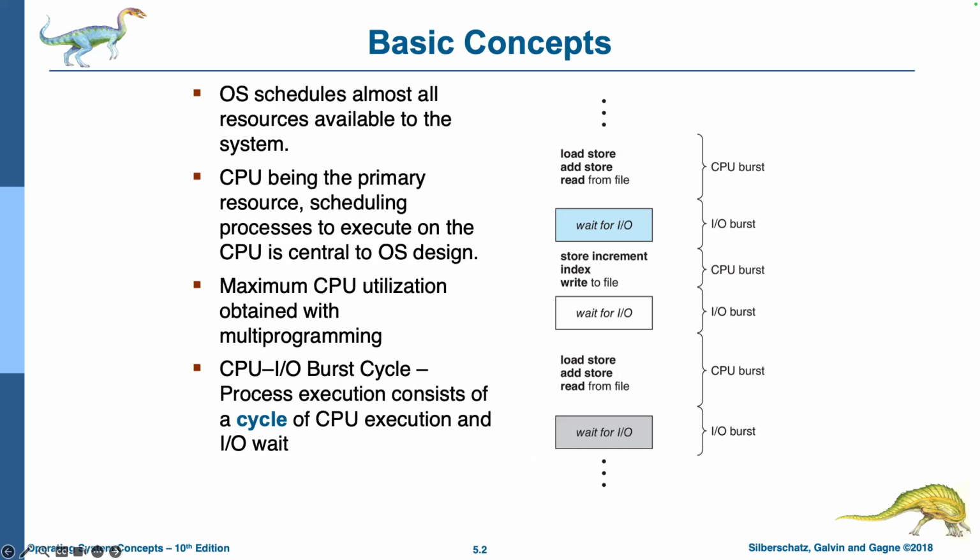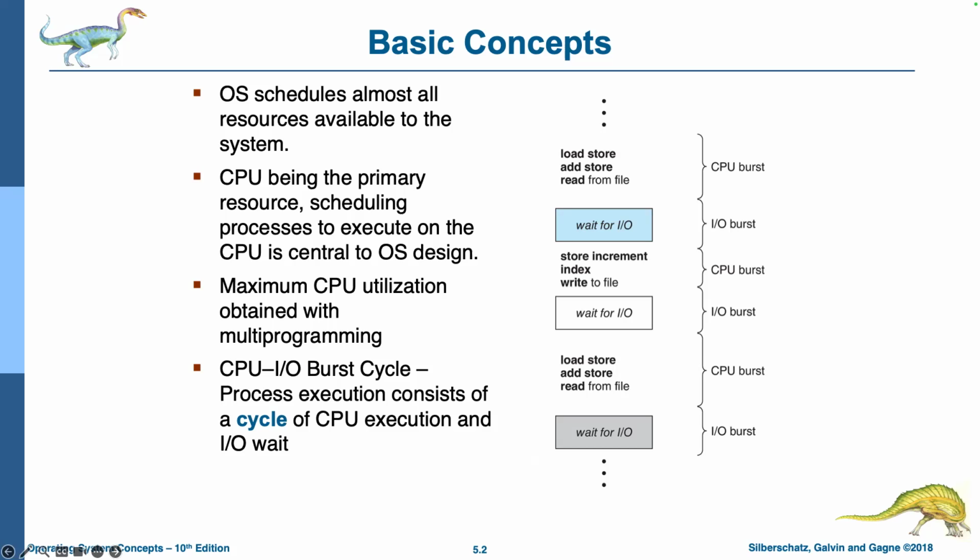I/O burst means the program starts to read a file from disk. It's very slow. Now the CPU is just waiting for I/O. So here the CPU wastes its computation. CPU is a primary resource, but there is a waste here.